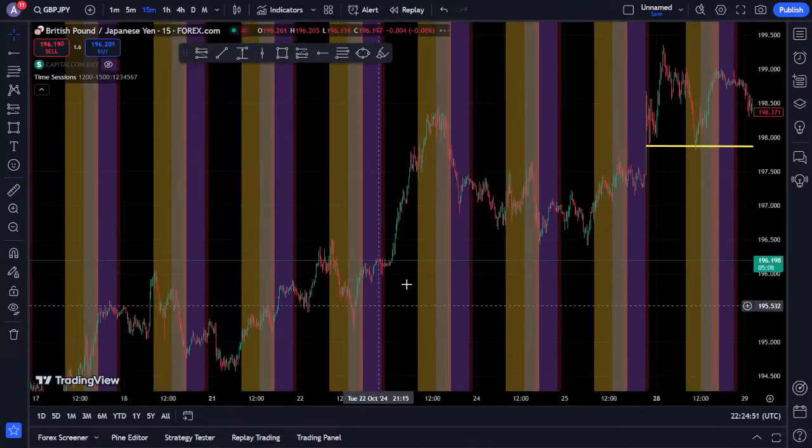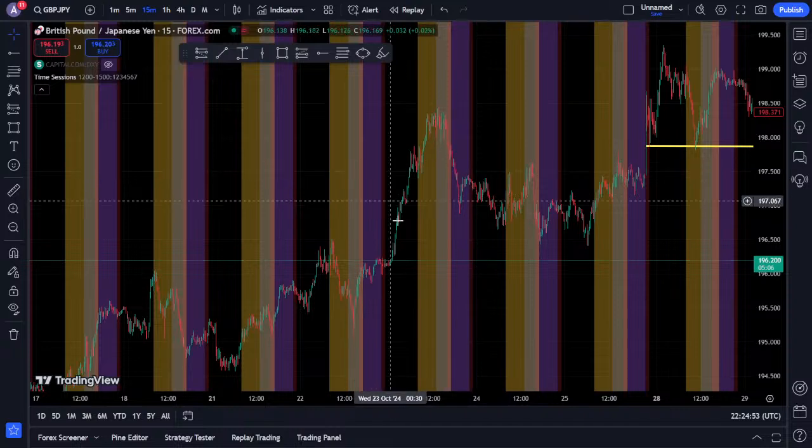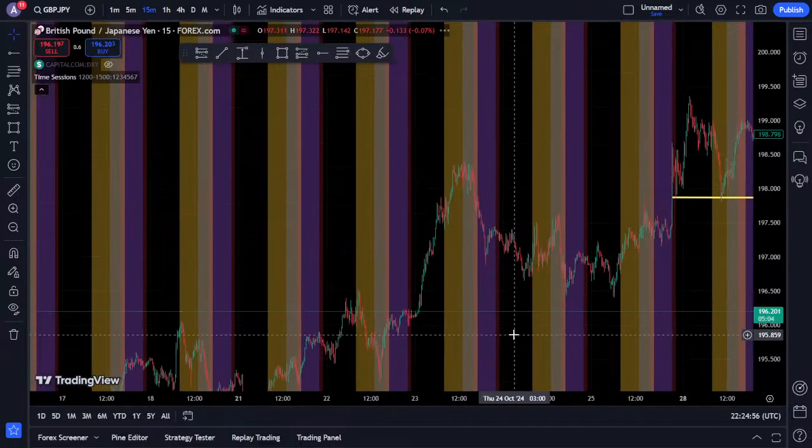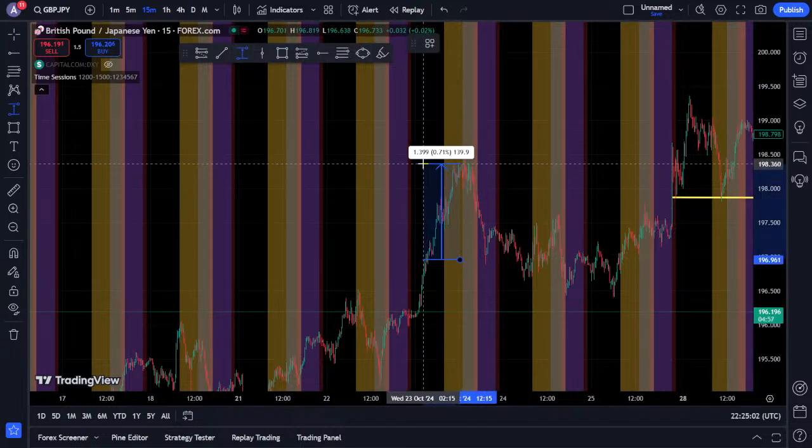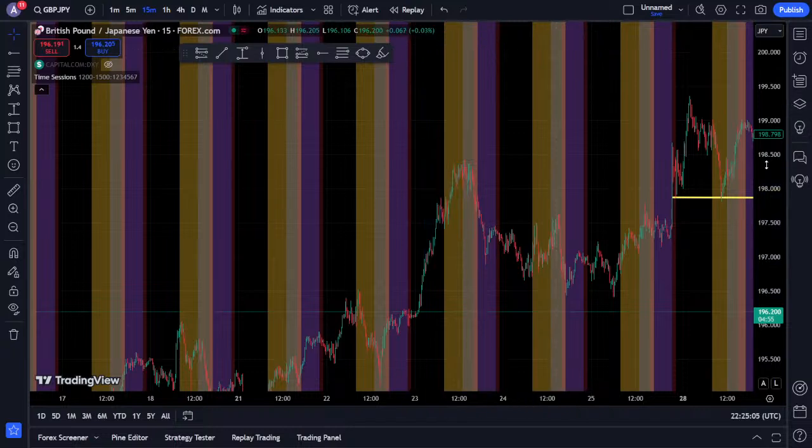Okay, let's start here. First, we'll see how many pips this is. Yeah, so still 1 pip.